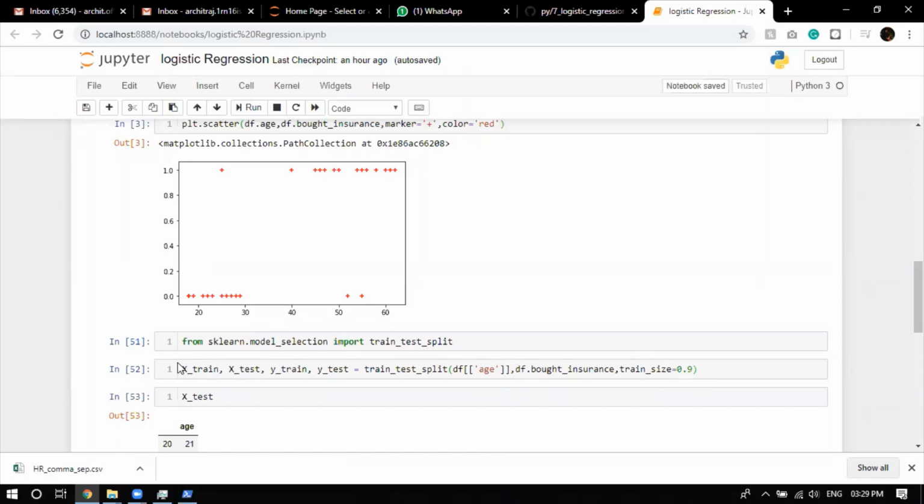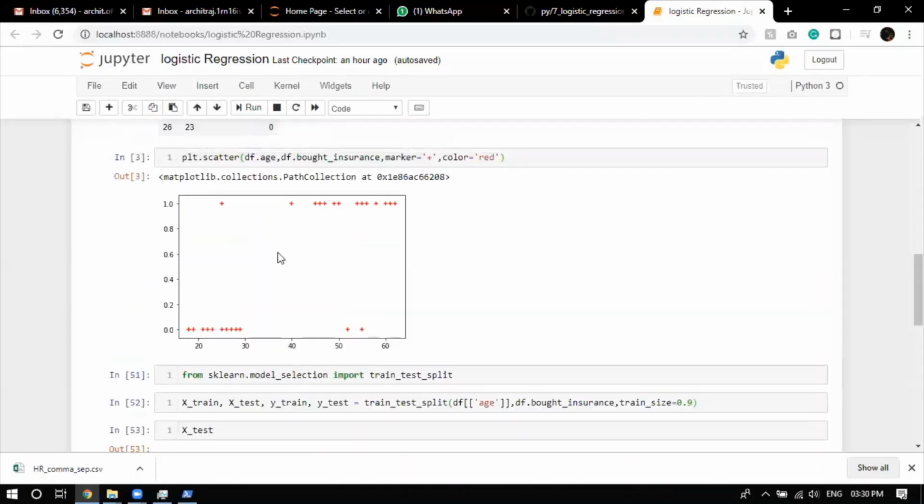For example, if you write a handwritten number and you want the model to predict what number it is, you're going to use neural networks. I'm not sure when you're going to use logistic regression, but this is what logistic regression is.